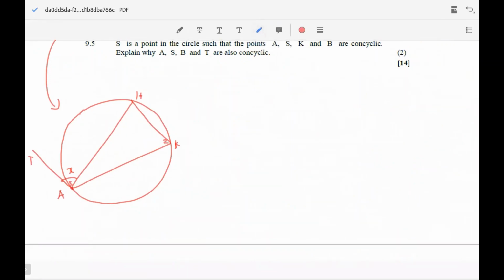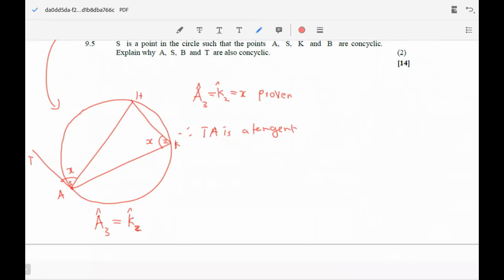So in order for AT to be a tangent to this circle, our angle A3 must equal angle K2. And we have already proved that K2 is X. So we just have to state that A3 equals K2 equals X, and the reason is that this has already been proven. And therefore, TA is a tangent. Why is it a tangent?